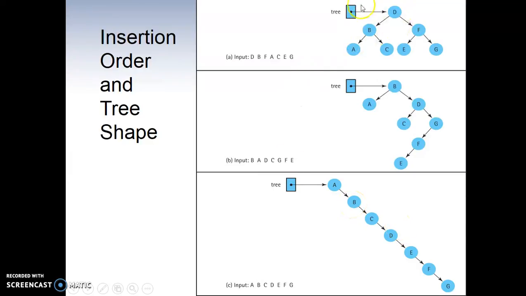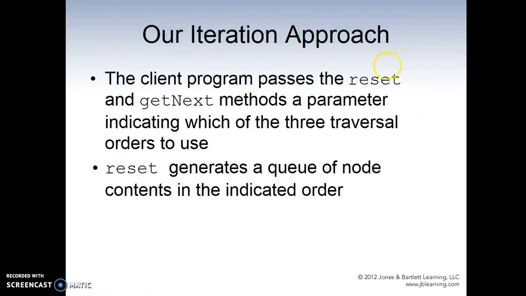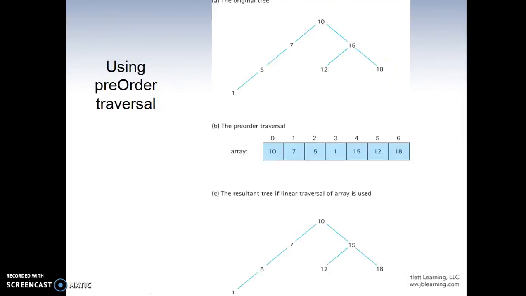So we want the perfect BST like this, balanced, so that it gives you an average of log n efficiency. So a balanced tree is important, and how do we do that?